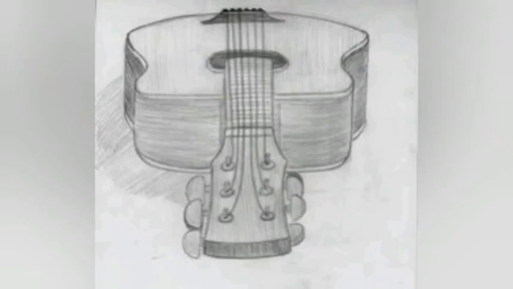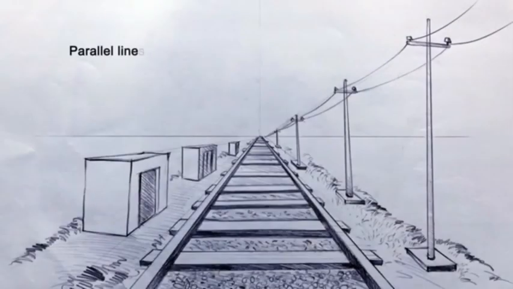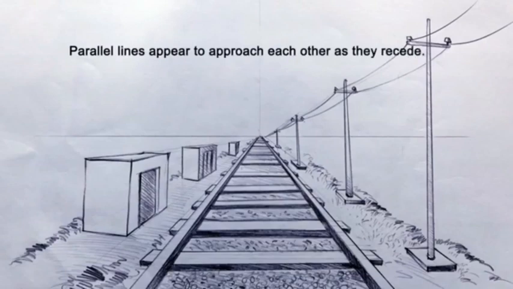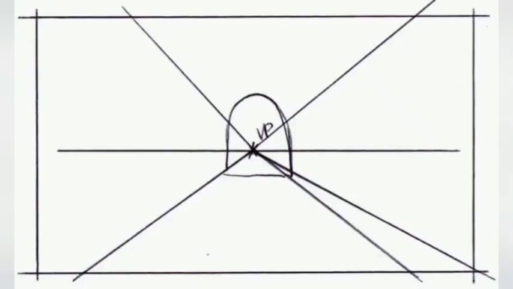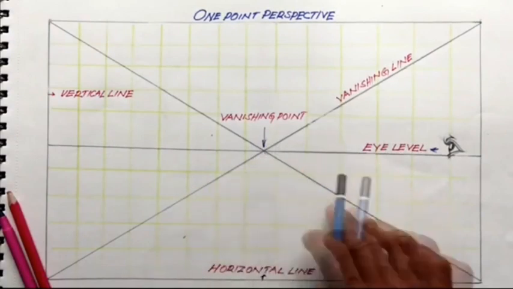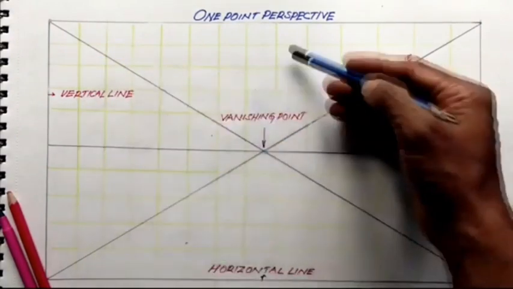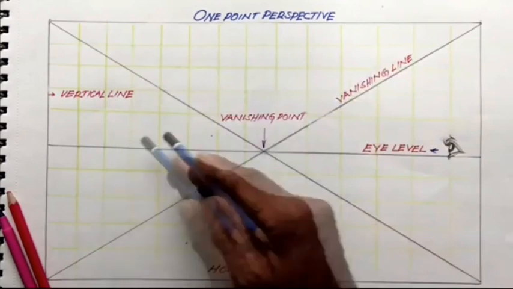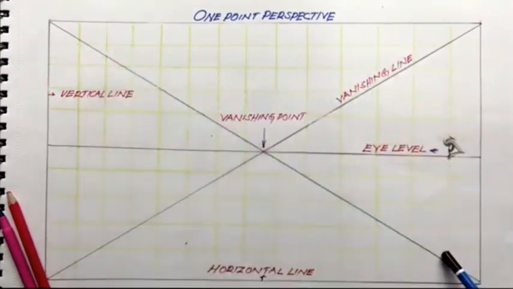Convergence in perspective drawing are parallel lines that appear to approach each other as they recede. It is also referred to as the horizontal lines. There are three types of lines in perspective drawing, and they include the vertical lines, horizontal lines, and vanishing lines.